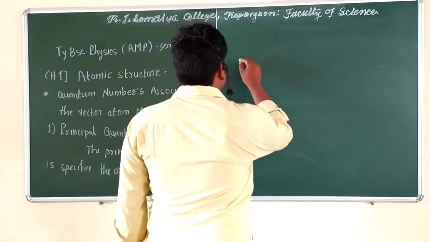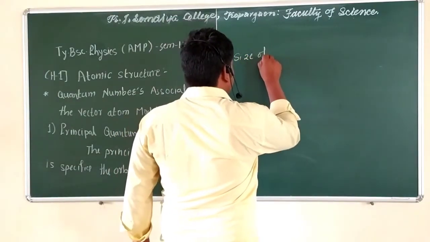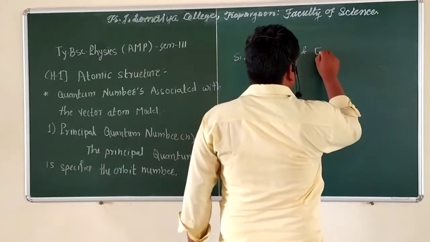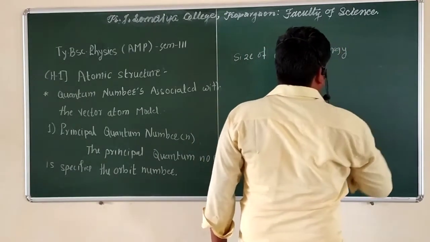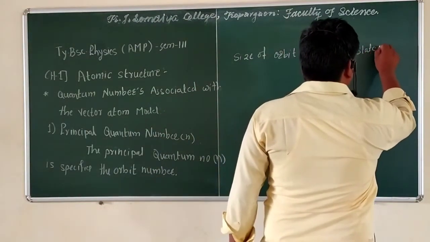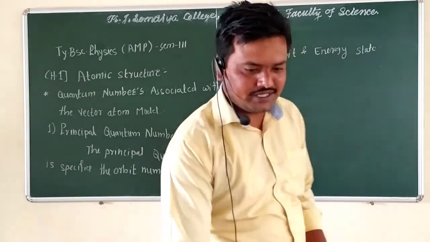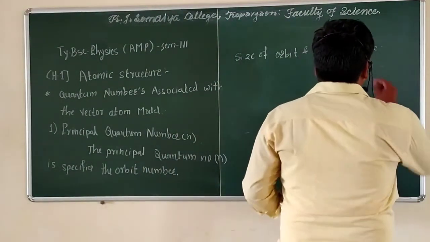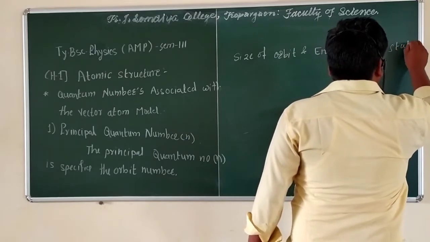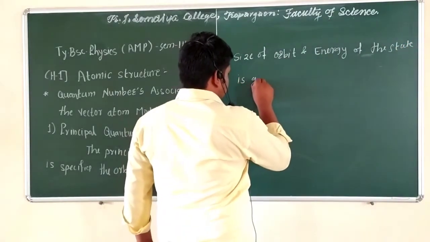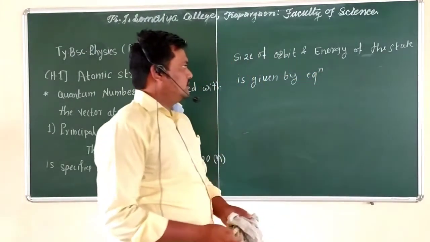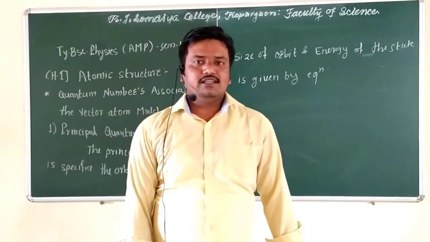The size of the orbit and the energy of the state are given by Rn and En.